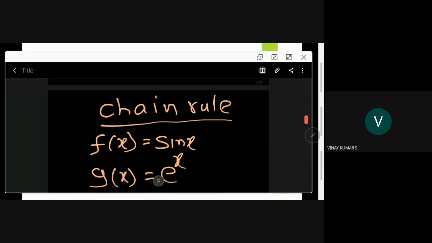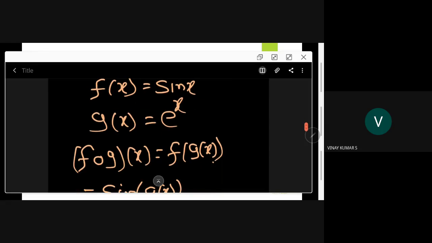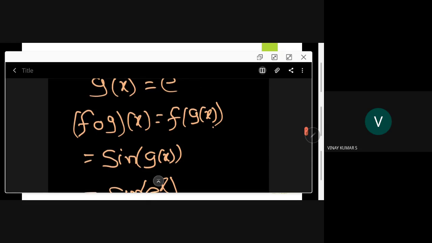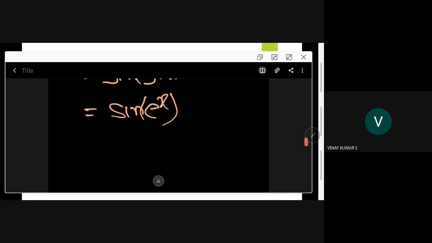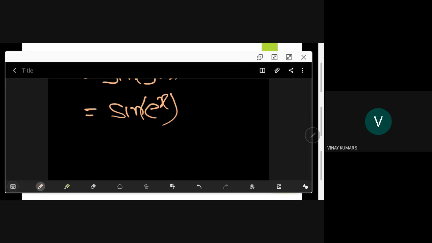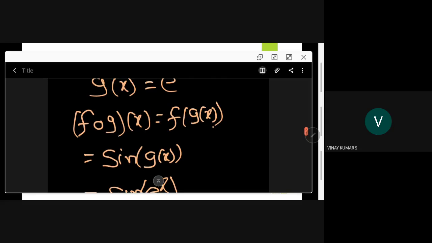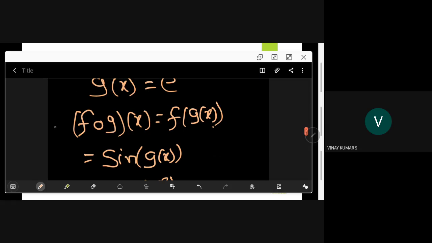So we started from here: f of x is sin x, g of x is e power x, f circle g is the composition, so sin e power x we have. Now, one can treat this f circle g as, say, h of x.